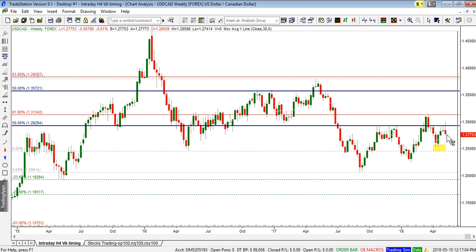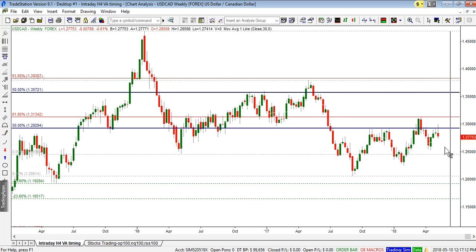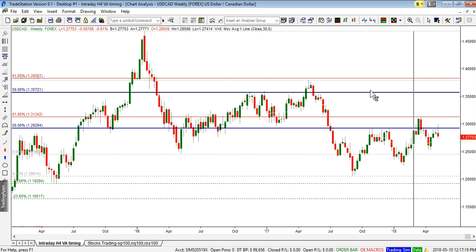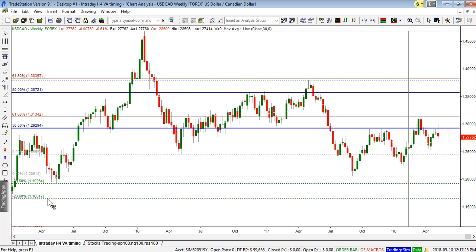So Canadian dollar is back to strength here compared to the US dollar. This inner move here now has a target at 1651.